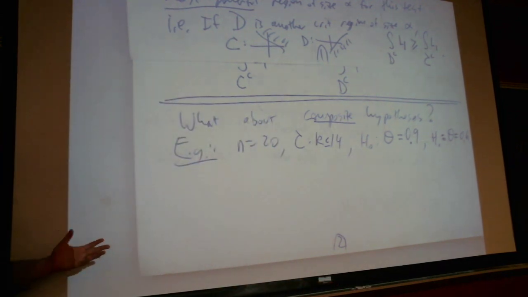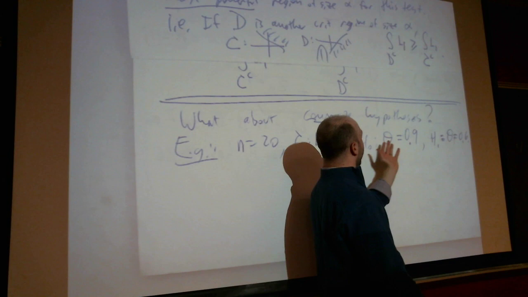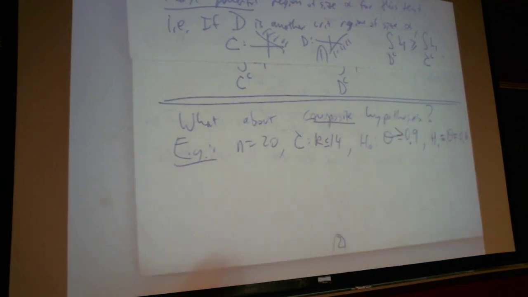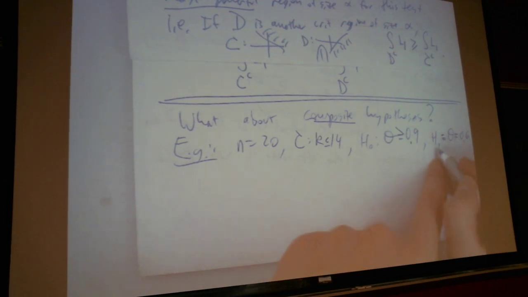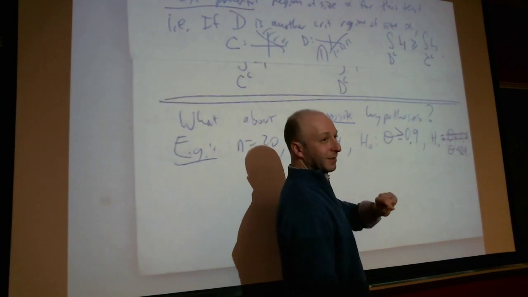What you would really like to test is a more composite hypothesis. How about H0: the probability is at least 0.9? And the alternative hypothesis, now let's really take it to be the negation of the null hypothesis.